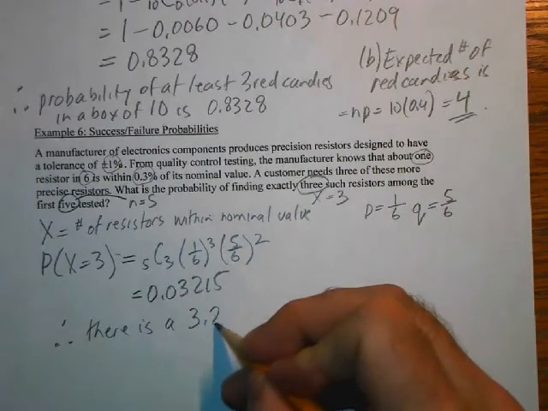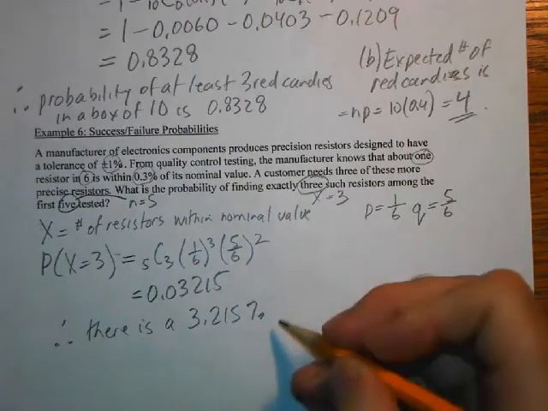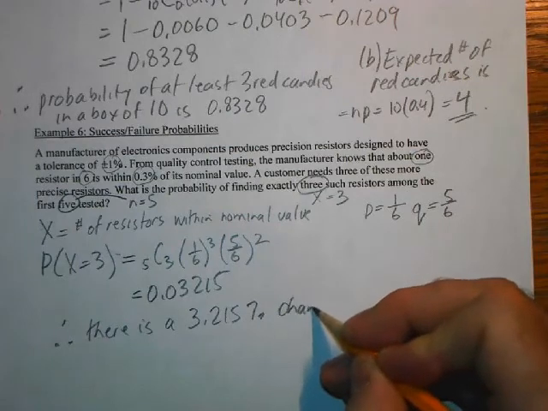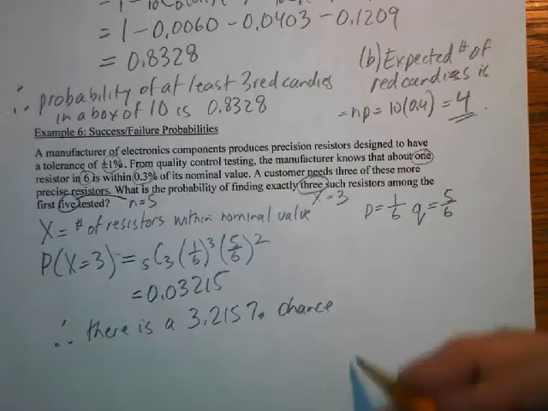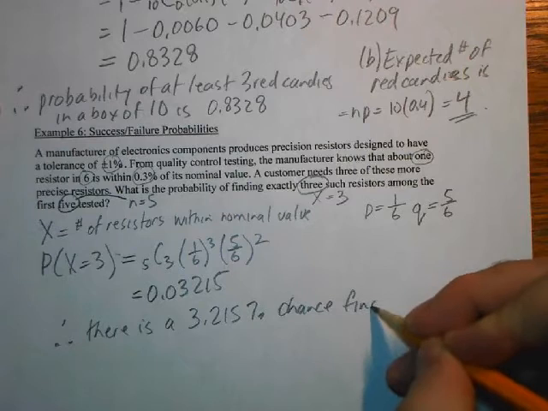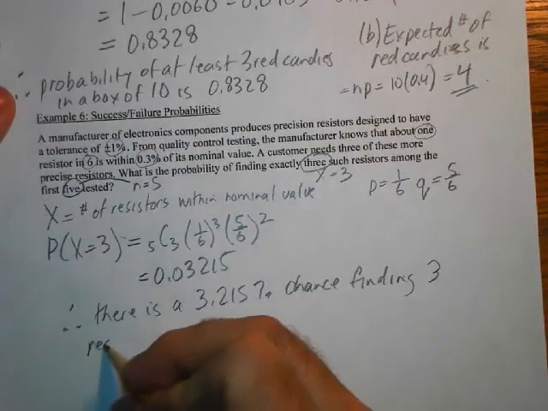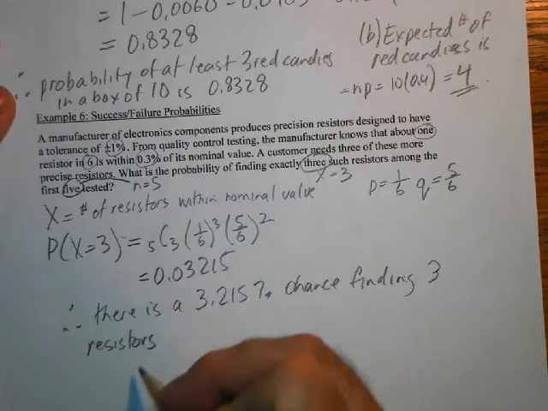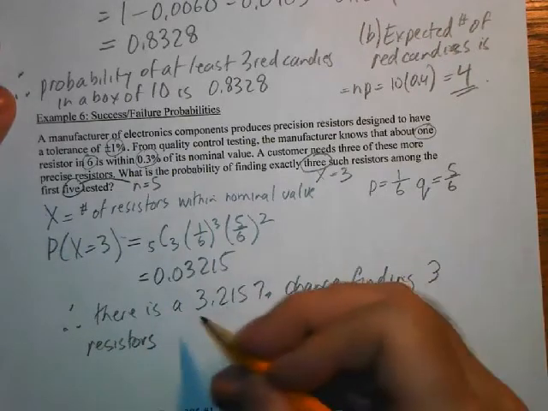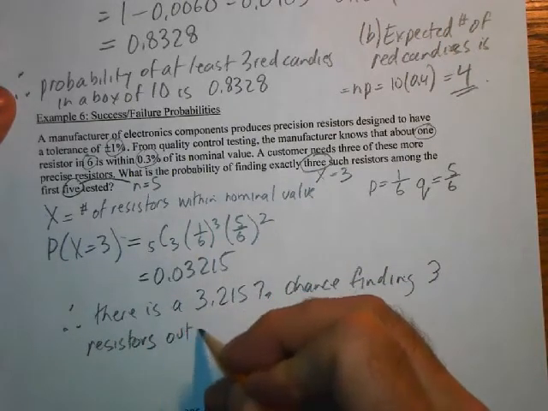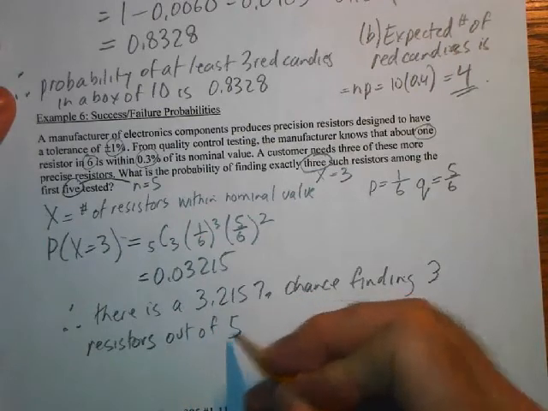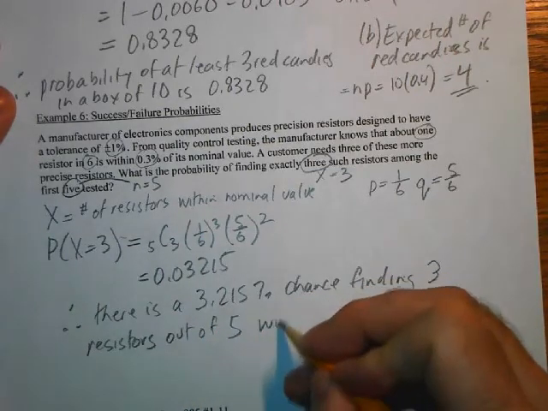So this is a 3.215% chance, or probability, you could use that word, of finding 3 resistors out of 5 within the nominal value.